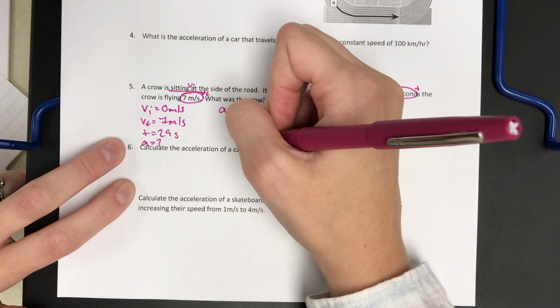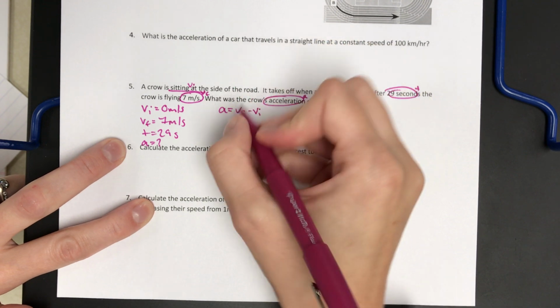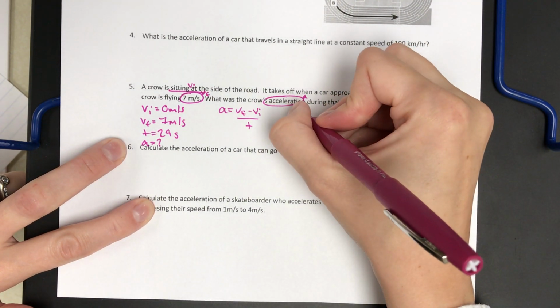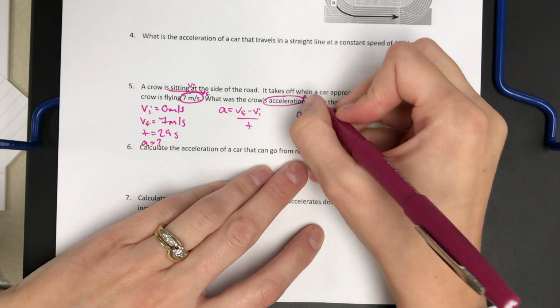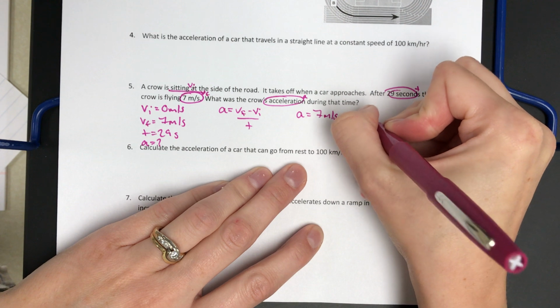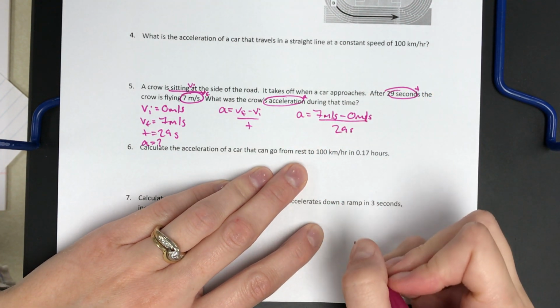I'm trying to solve for acceleration. So acceleration is final velocity minus initial velocity over time. So then I'm going to plug in my givens into that equation. So 7 meters per second minus 0 meters per second over 29 seconds.